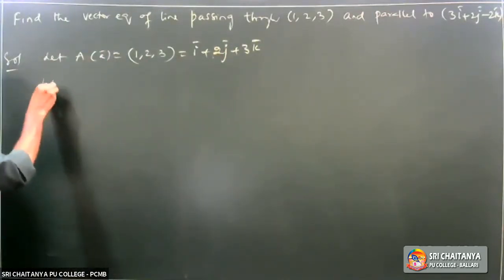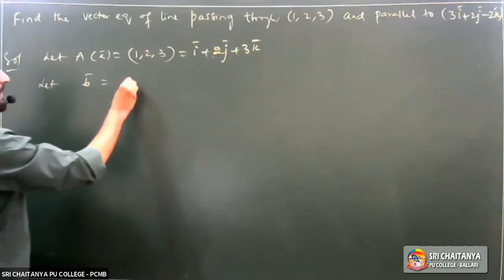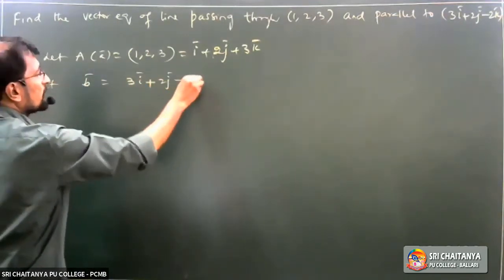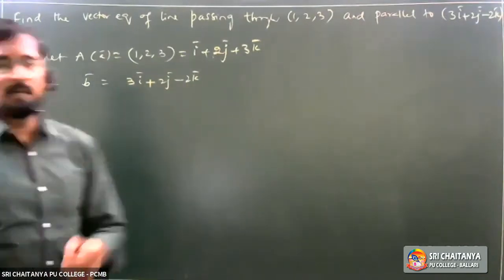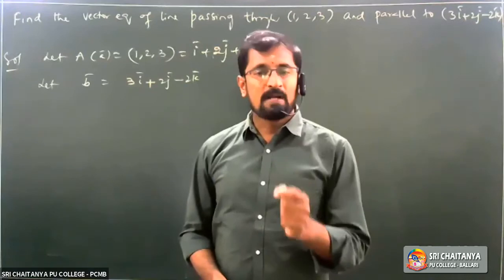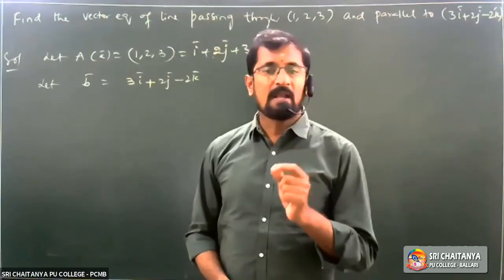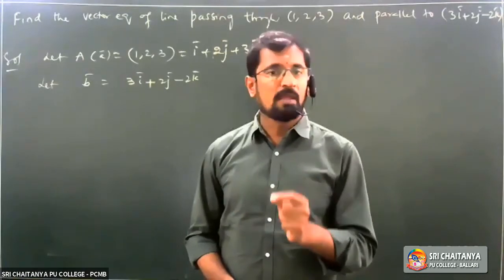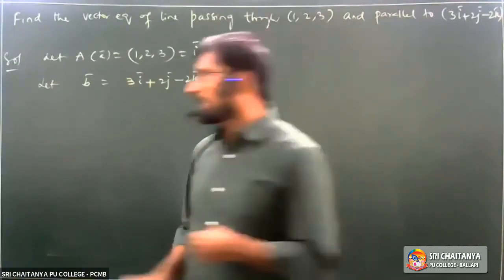Let B bar is equal to 3i plus 2j minus 2k. Now, what is the theorem I have given you? The vector equation of line passing through one point and parallel to one vector is given by r bar is equal to a bar plus lambda b bar, right?